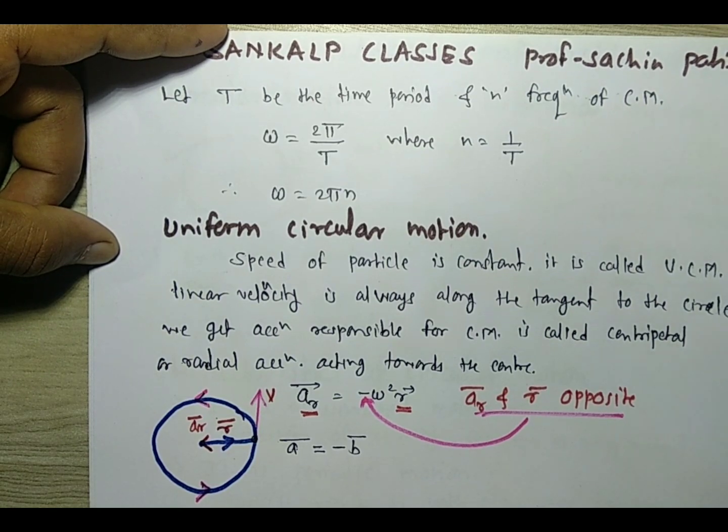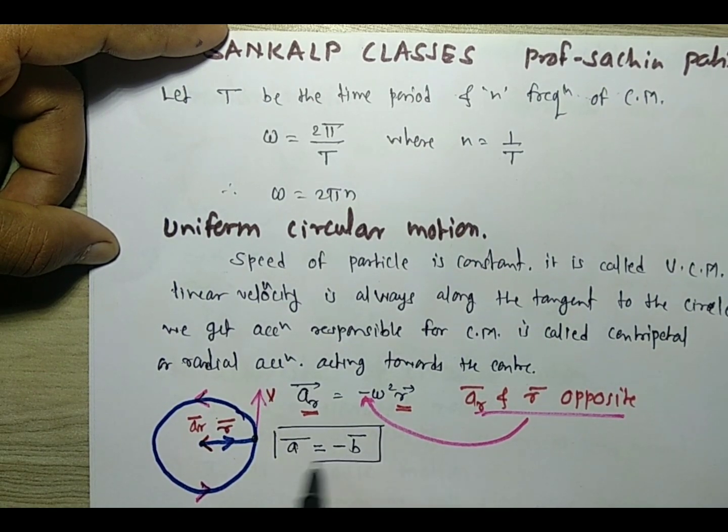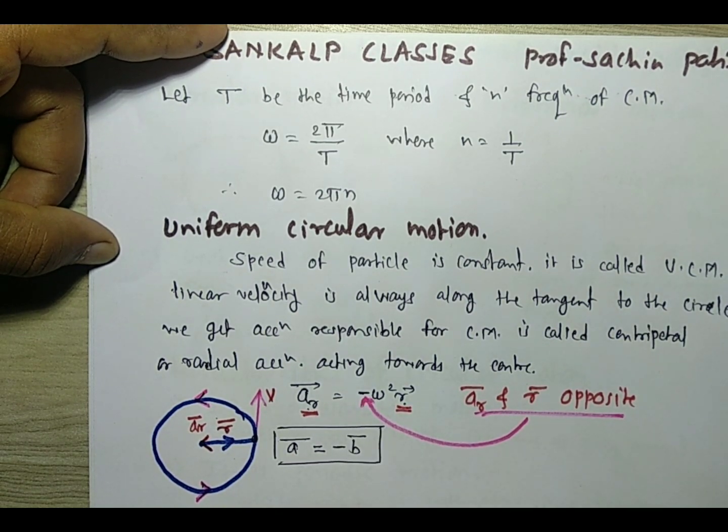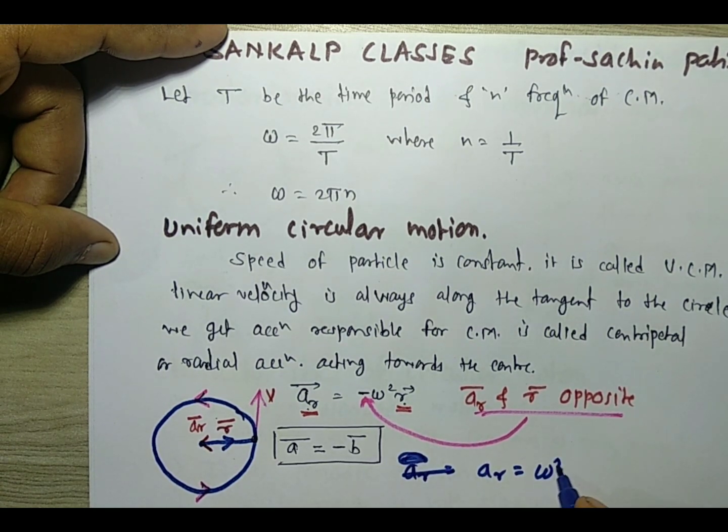Due to this property, a r bar and r bar are opposite to each other, and therefore we get the negative sign here. In magnitude, a r is equal to omega square r, or it is also given as v square divided by r, or as v omega.